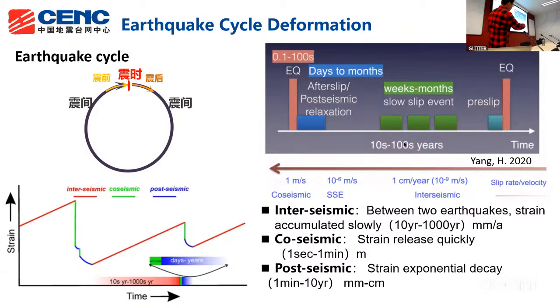But for now, for the majority of big earthquakes, we have not seen this pre-slip. Also for the post-seismic, we have a first stage called afterslip. It's very fast, as the tectonic stress adjusts very quickly, and then it goes through the post-seismic relaxation. We use the viscoelastic relaxation in this stage.